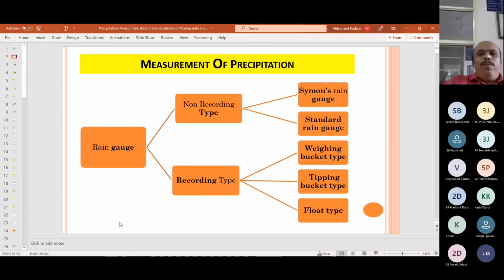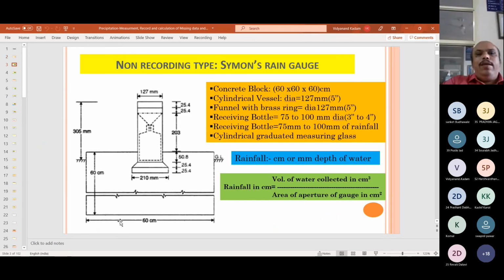At first we will discuss the non-recording type of rain gauge, and in that, first is the Symons rain gauge. On the screen you can observe a figure which shows the non-recording type rain gauge. This Symons rain gauge is placed over a concrete block whose size is 60 cm by 60 cm by 60 cm.